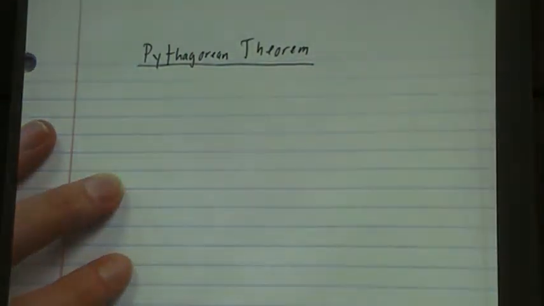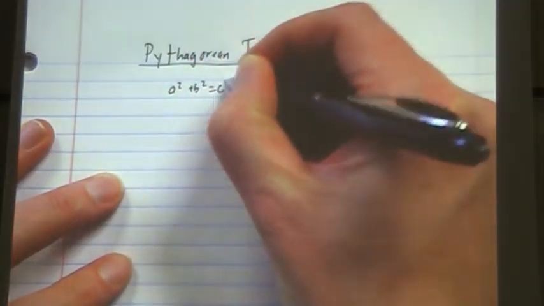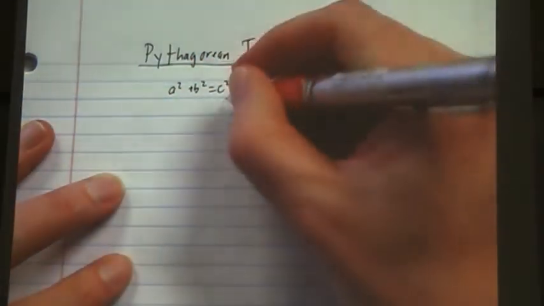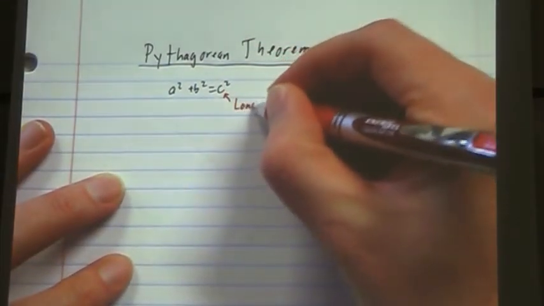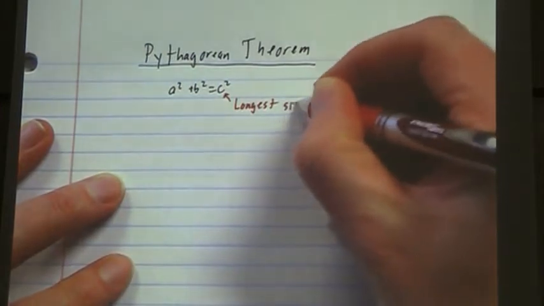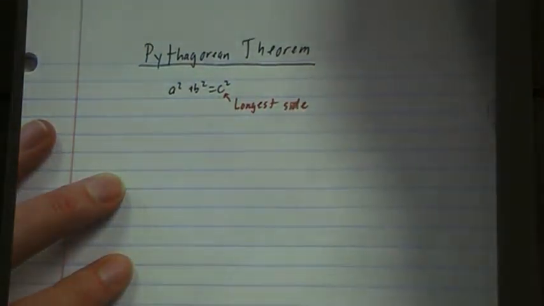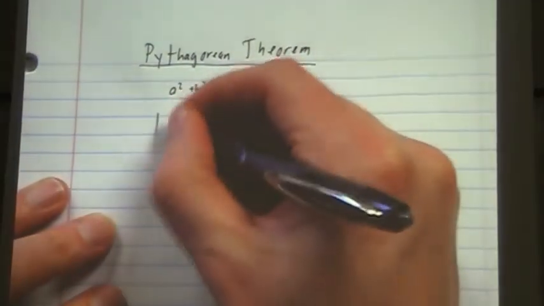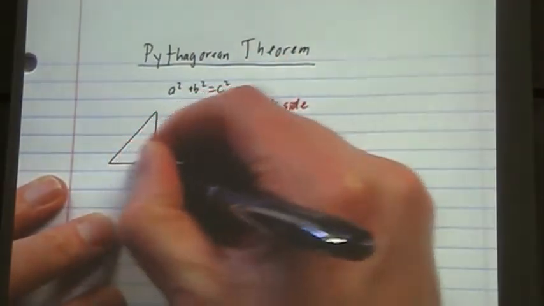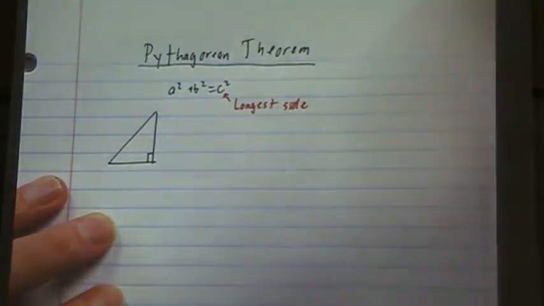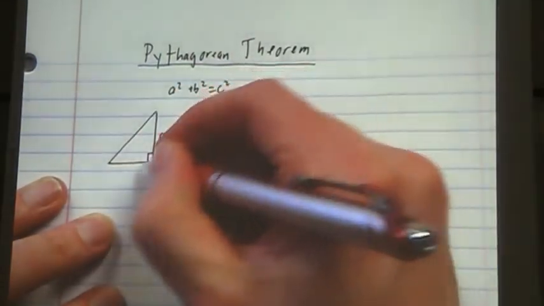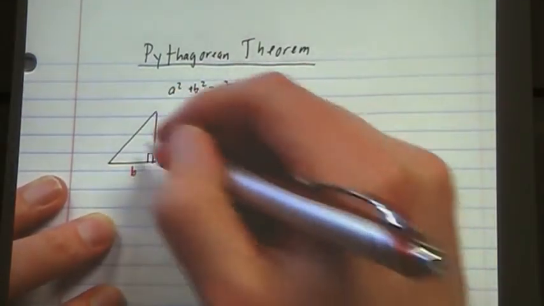So with Pythagorean theorem, hopefully you remember, a squared plus b squared equals c squared is your formula, and the c is the longest side. So if you have a triangle, A and B would be the sides that touch the 90.